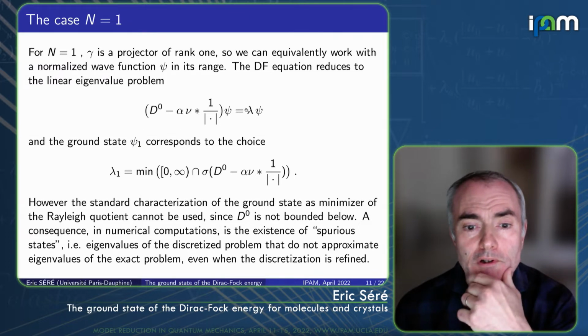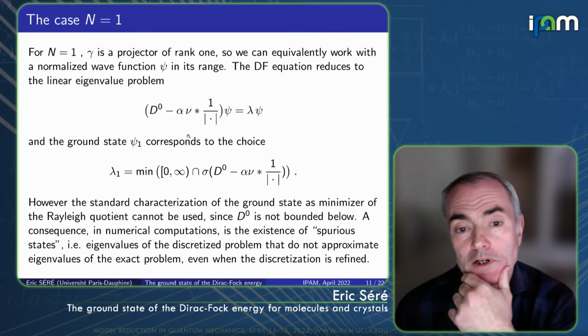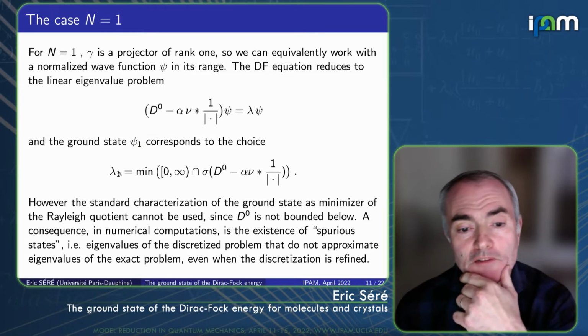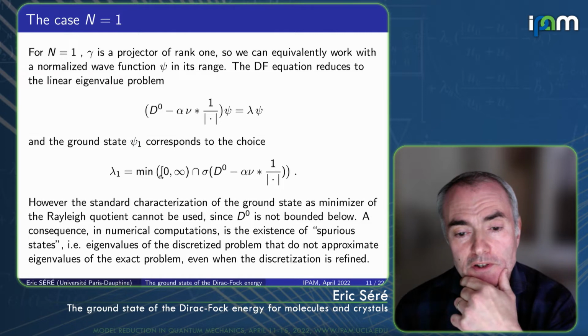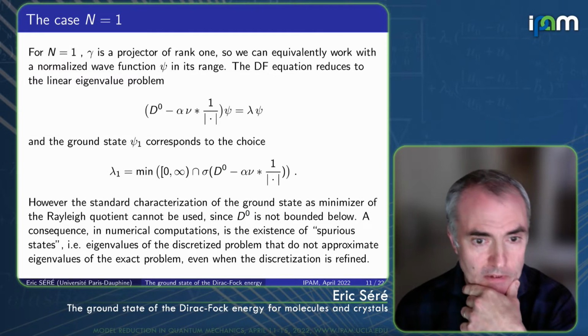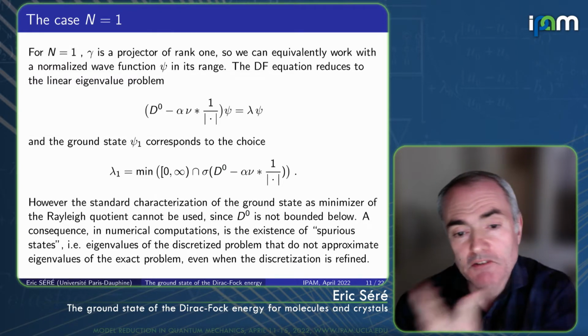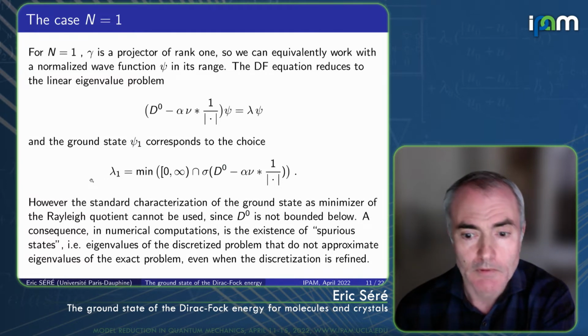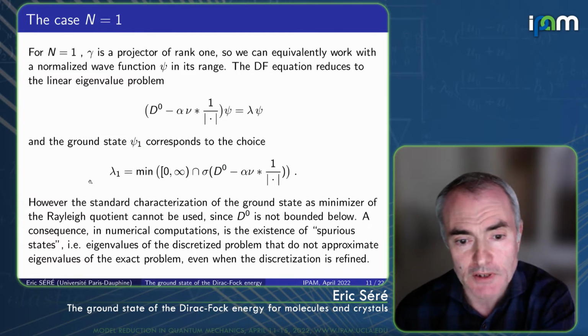If you want to have a ground state, you want lambda to be positive and as small as possible in the set of positive eigenvalues. That's what I call lambda 1. Okay, so that's going to be a kind of ground state. That's the best we can say.